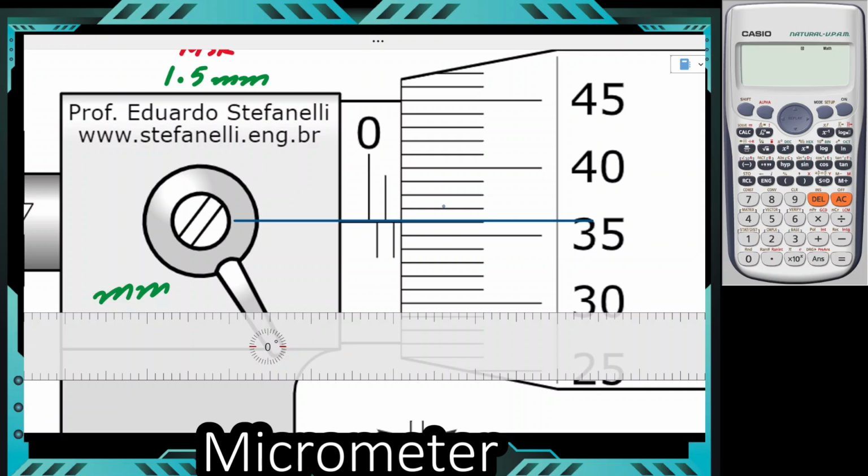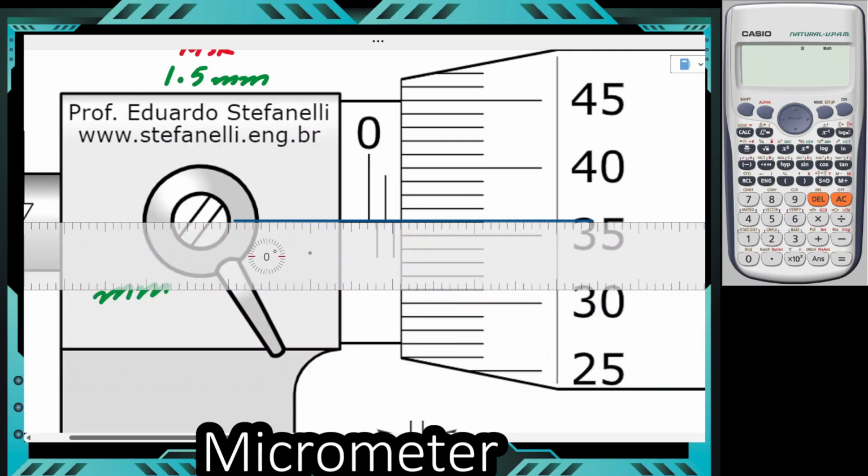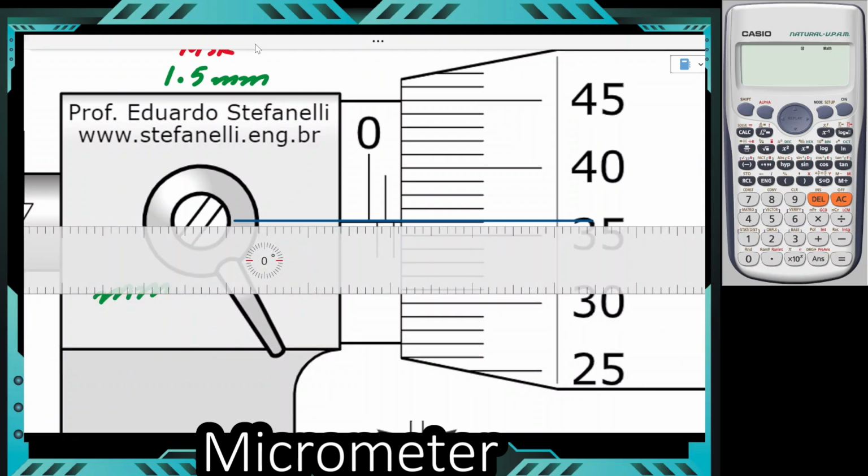You need to look for the line of the circular scale that coincides or overlaps with the blue line, the main scale axis.